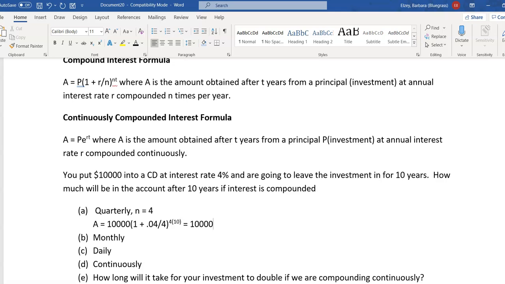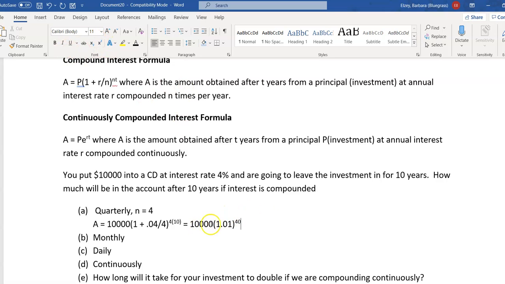So first I'm going to put the 1 plus 0.04 divided by 4 into my calculator. That way you can check yourself at every point. That is 1.01. And then I'm going to multiply the 4 times 10. It's very important that in our exponent, we multiply that before we raise our 1.01 to the 40th power. Now you have to do the order of operations here.